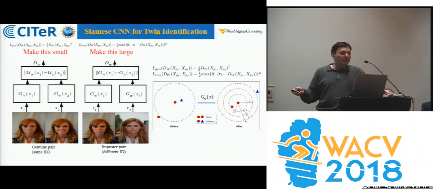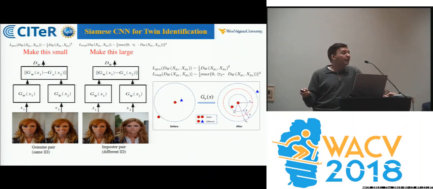So what happened is, if you remember, we did this a while ago: identical twins. We have a lot of data of these identical twins. How can we distinguish between two identical twins? And this is very important for companies who develop face recognition systems.